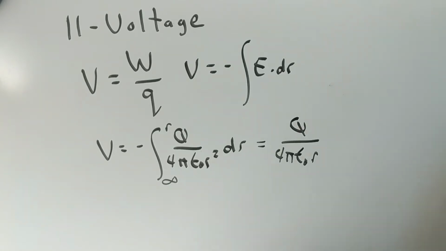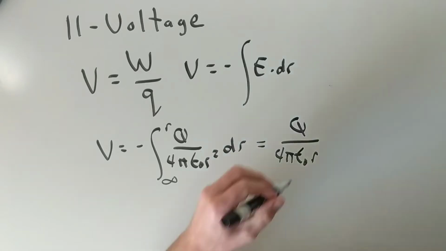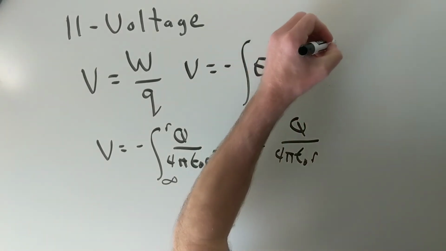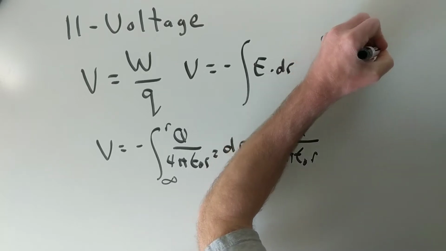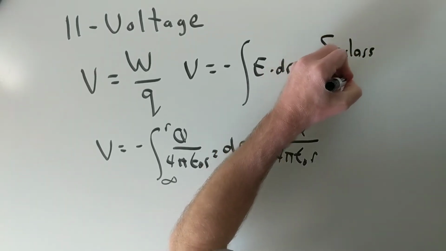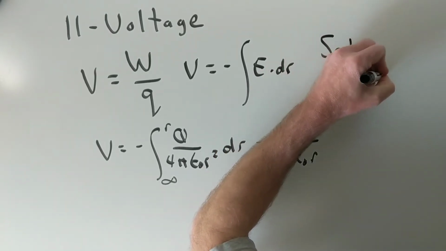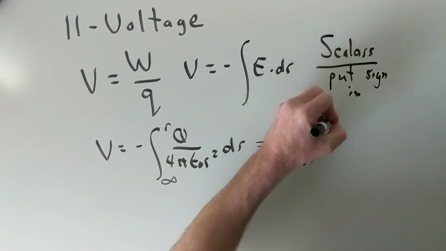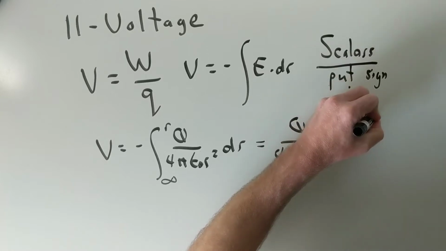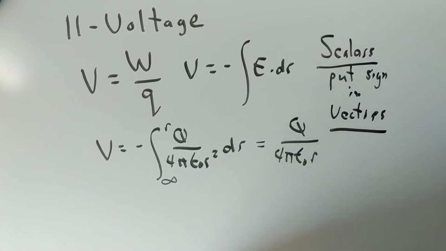Now, this is a scalar. Voltage is a scalar. Electric field is a vector, but voltage is a scalar. The advice that I would have for you is that with electricity, when you have scalars, you should put the signs in. For vectors, I would not put the signs in.